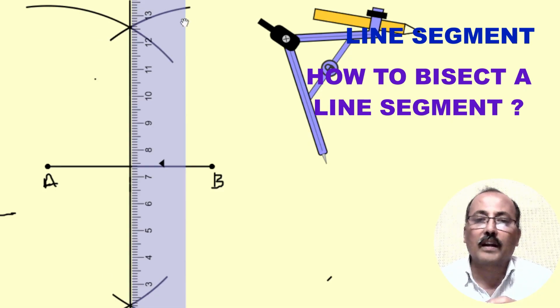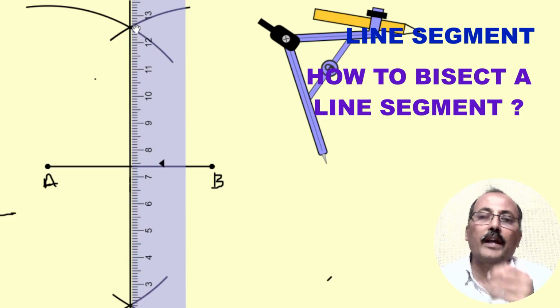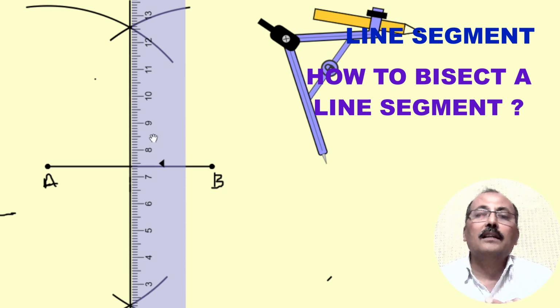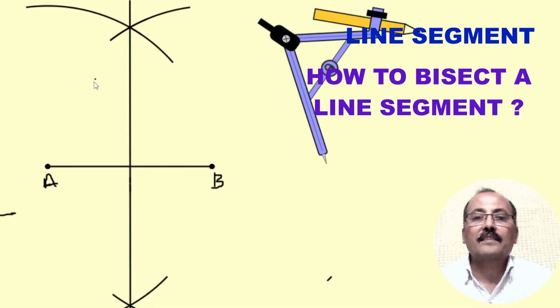From B I have drawn an arc above and below. It intersects, the intersecting point above and below, up and down, both I am joining using a ruler, that is scale. And when I remove that scale, you can see that it is bisected. You can say also it is a perpendicular bisector.